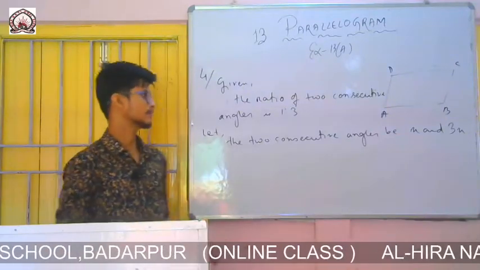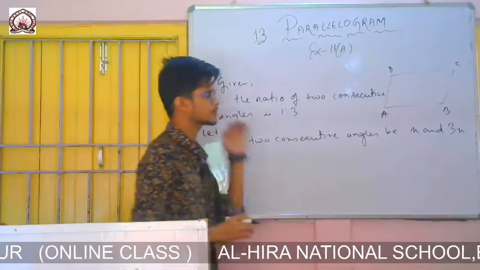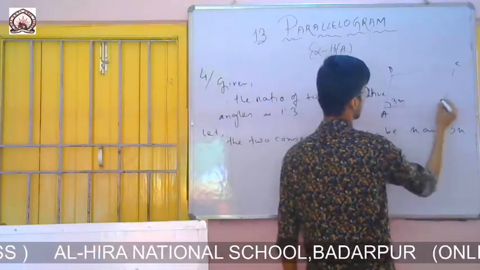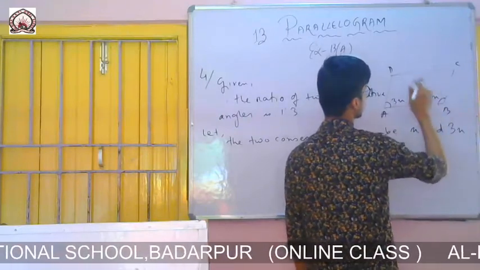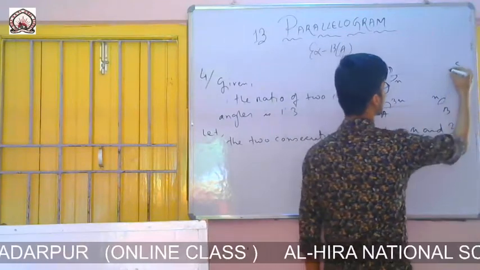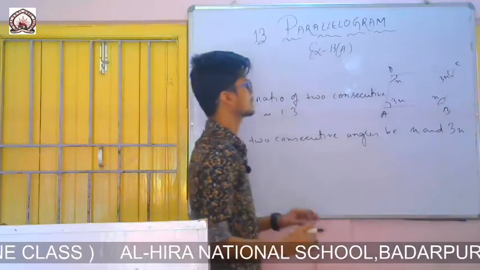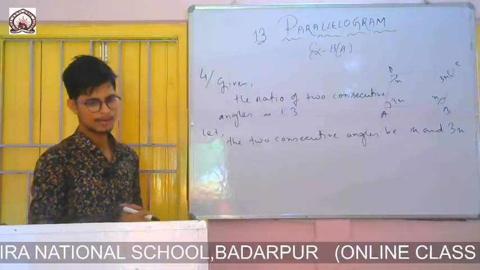If this is 3x, then this one will be x. And we know that if this angle is x, then this one will also be x, opposite angle. If this is 3x, then this one will also be 3x. So we got all the 4 angles. If we get the value of x, we can find out all the 4 angles.